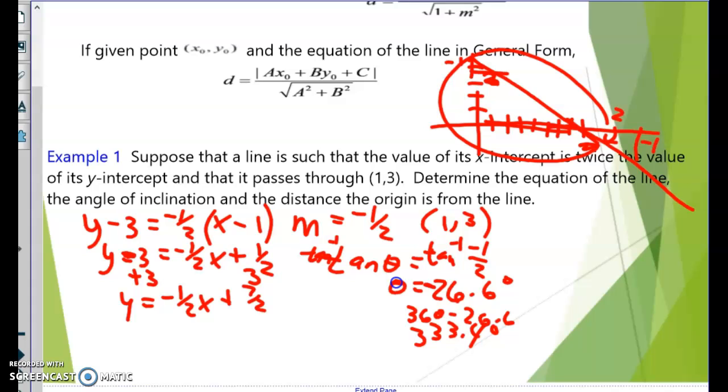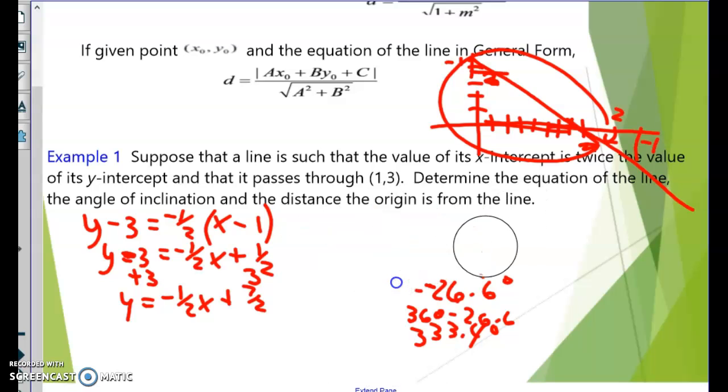So either negative 26.6 or 333.4 positive. Determine the equation of that angle of inclination. The distance the origin is from the line. All right, so the last thing that we're going to figure out, I'm going to give myself a little more room.